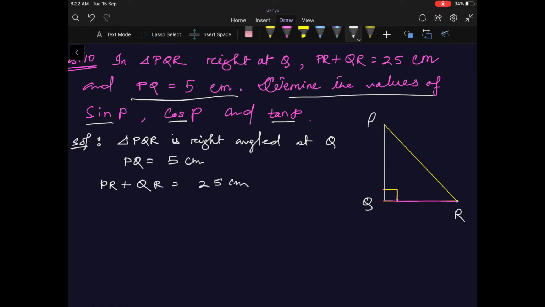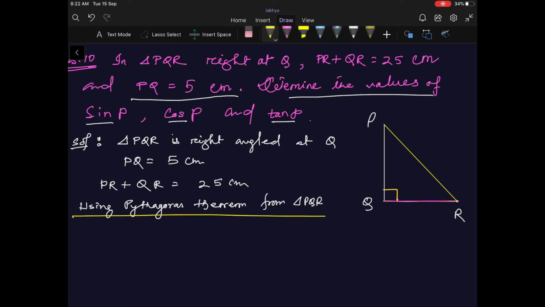Now here you can see, using Pythagoras theorem, from triangle PQR we get PR square is equal to PQ square plus QR square.